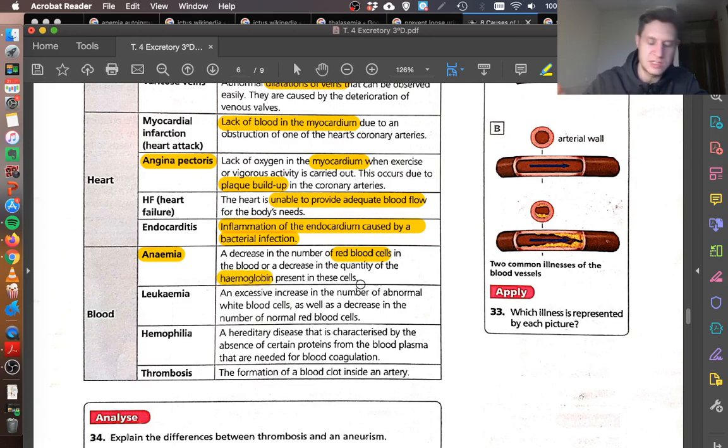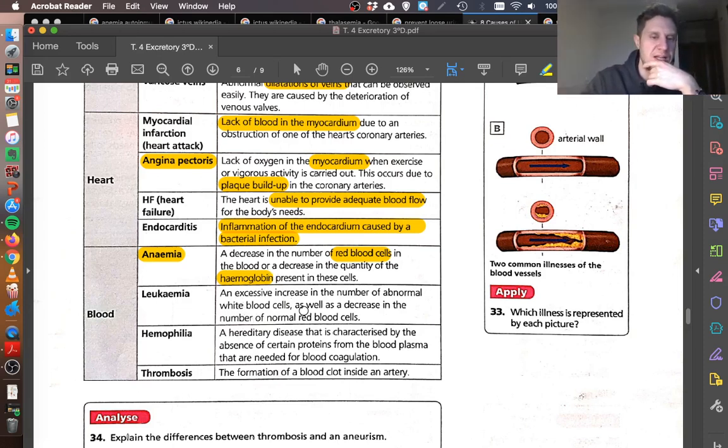So you can have the same number of red blood cells, but one person can have the hemoglobin very low and the other is normal. Lo típico de que me falta hierro, ¿no? So we have number of red blood cells or the quantity of hemoglobin presented in these red blood cells.